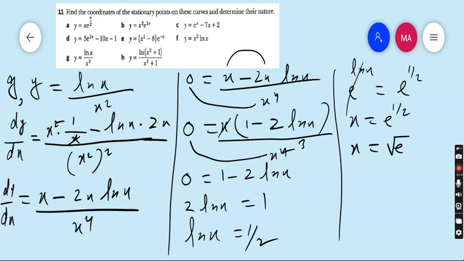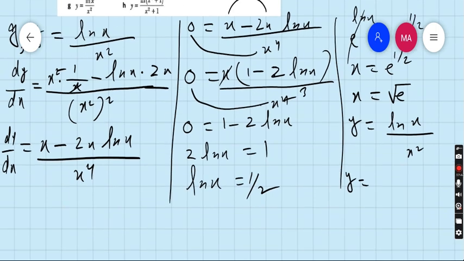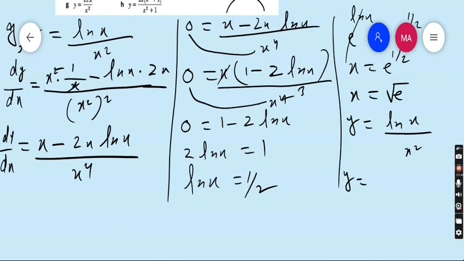Now taking the question again, y is equals to ln x upon x square. So y is equals to ln x, x is e power half, upon x square, e power half square.